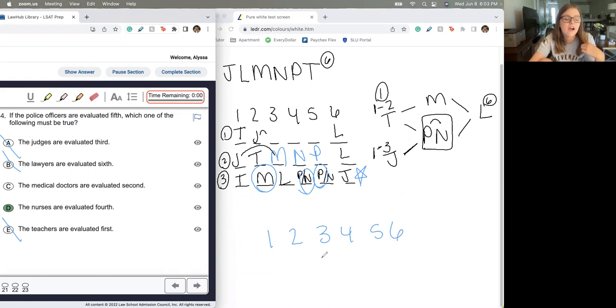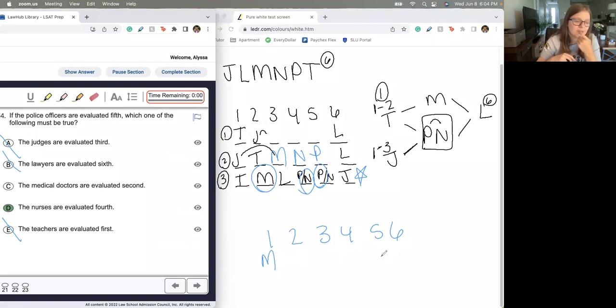I'm going to say, does it have to be true that medical doctors are second? To prove that it does not have to be true, I'm going to try to prove it wrong, like we said earlier. So I'm going to say M is in first. If I can create a valid diagram based off of my rules, that means it does not have to be true.